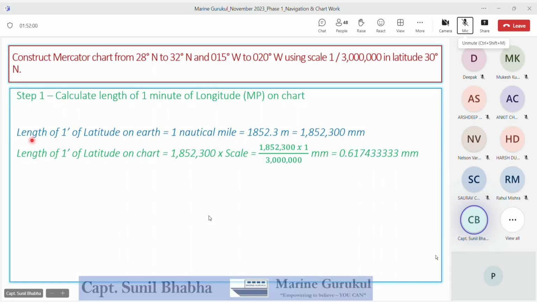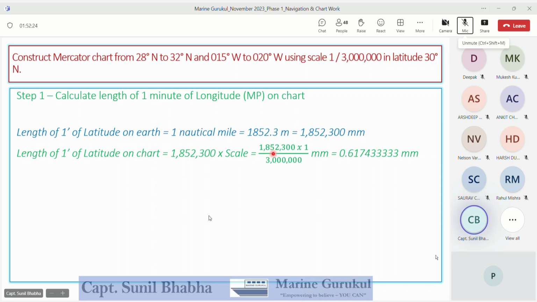Now we have seen the length of 1 minute of latitude on Earth. Now what is going to be the length of 1 minute of latitude on the chart? For this, we have to multiply this distance by the scale of the chart. So 1852300 multiplied by the scale. The scale is 1/3 million.